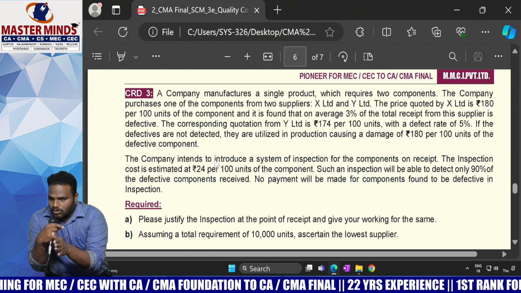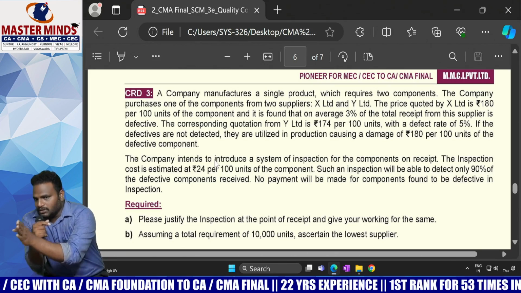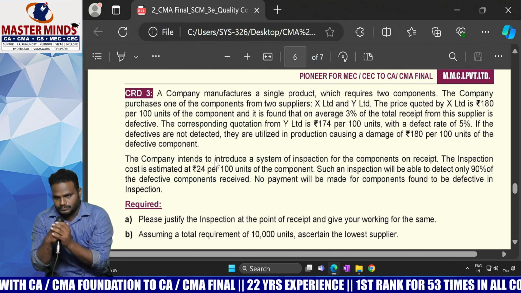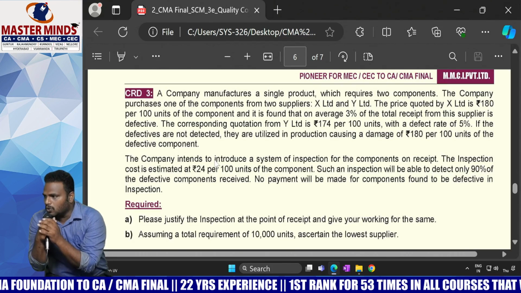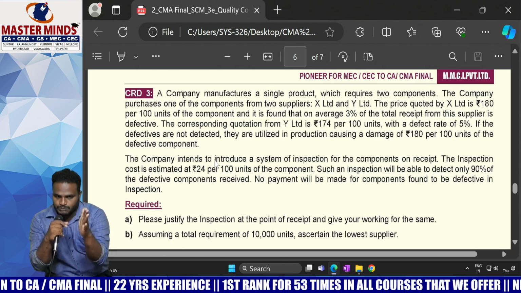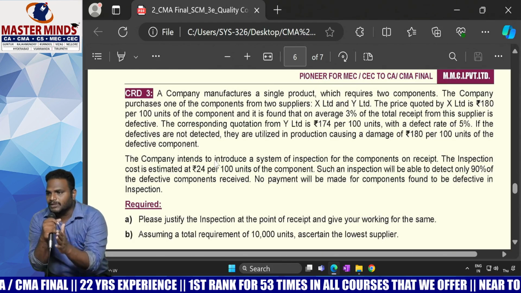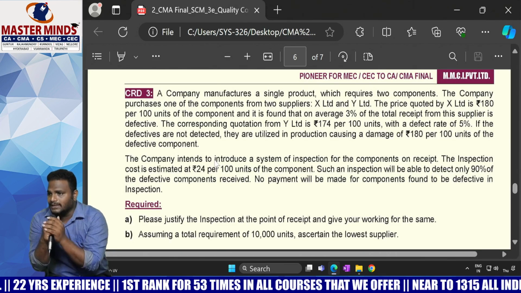What is the total cost before inspection? What is the total cost after inspection? Then we choose the option that incurs the lower cost. Compare these two costs and take the decision.